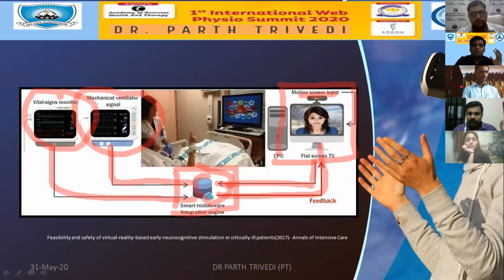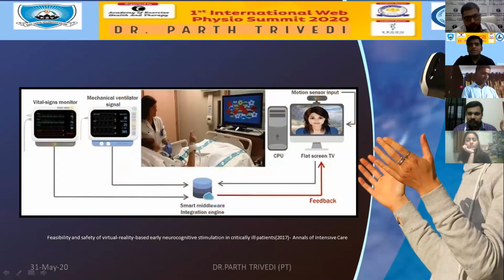So if your heart rate has suddenly increased, it would give a lesser task, or if the SpO2 level has dropped significantly, it would stop. And there are security mechanisms wherein the healthcare providers can also be called through this virtual environment. So this is where patients are given treatment or rehabilitation support through a virtual environment.